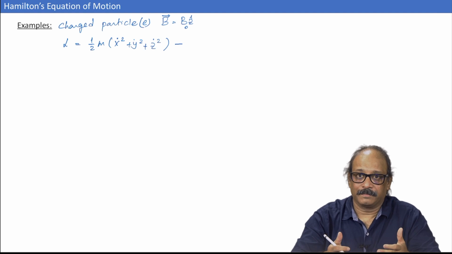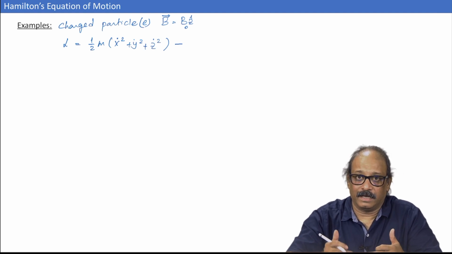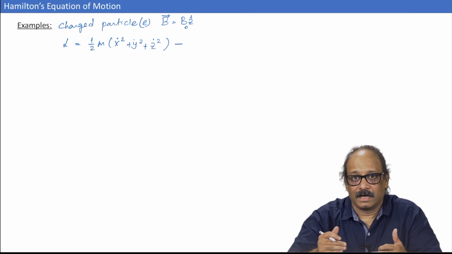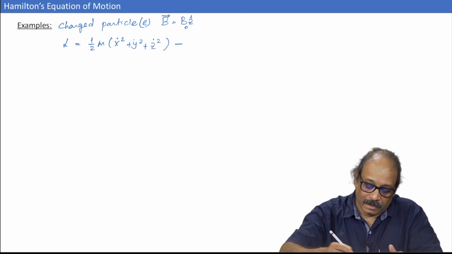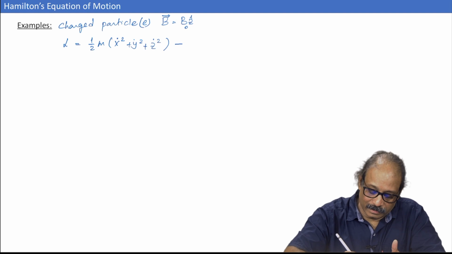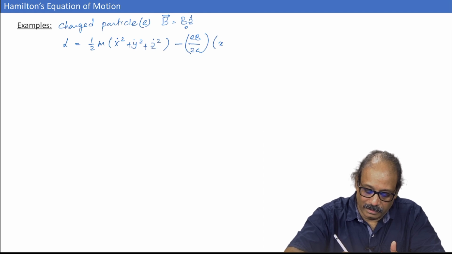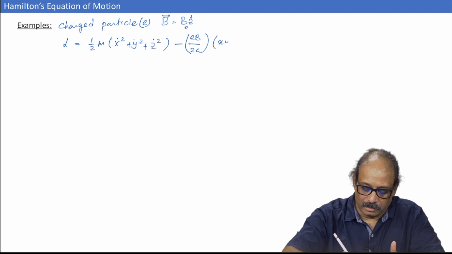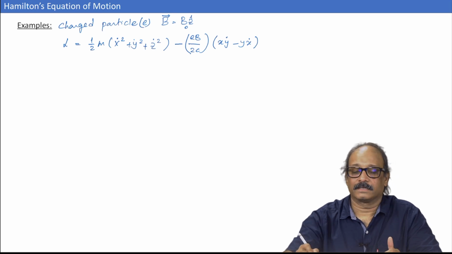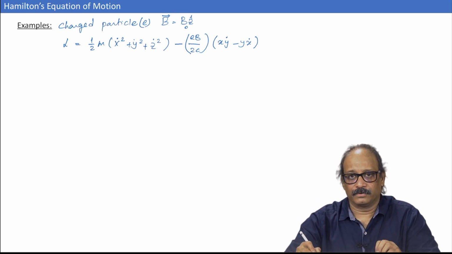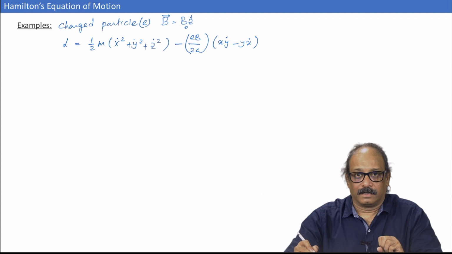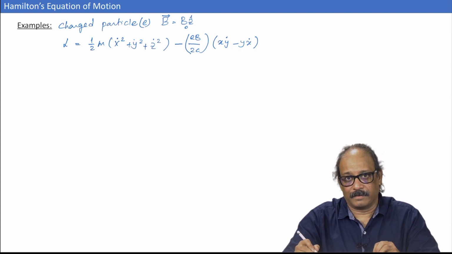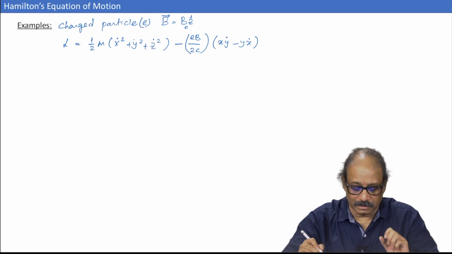So, I am simplifying that. Finding A, actually, can be written as half of B cross r vector. After having done all that calculation, you get e B by 2c, and this will be x y dot minus y x dot. So, even if you forget how to calculate this, let us accept this as the Lagrangian of the system.